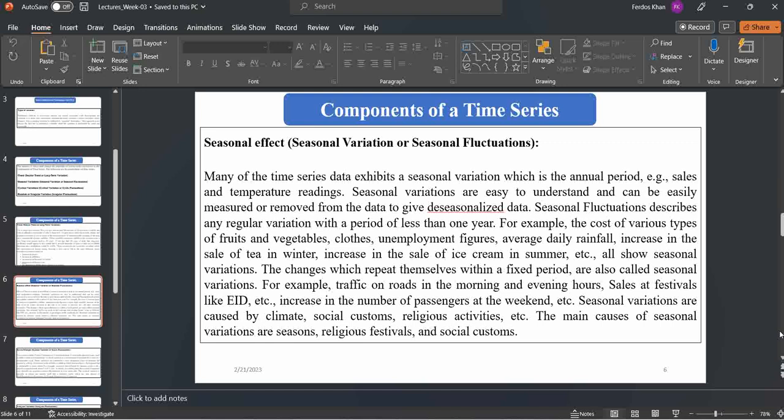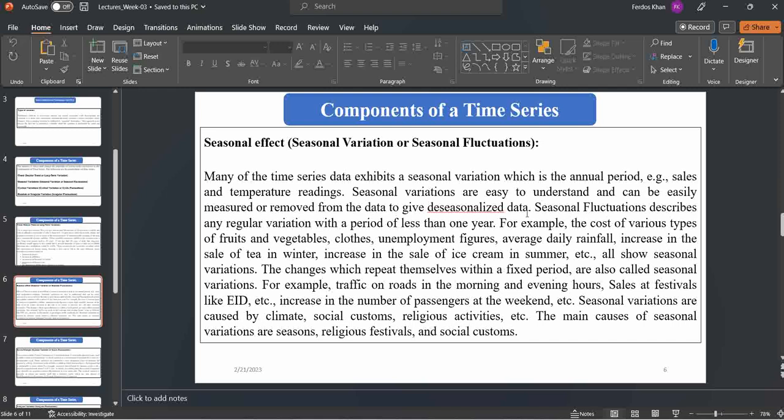Seasonal variation is due to season, and maybe also due to some other reasons, which are mentioned at the end. Many time series data exhibit a seasonal variation, which is of an annual period, for example sales and temperature readings. Seasonal variations are easy to understand and can be easily measured or removed from the data to give deseasonalized data.